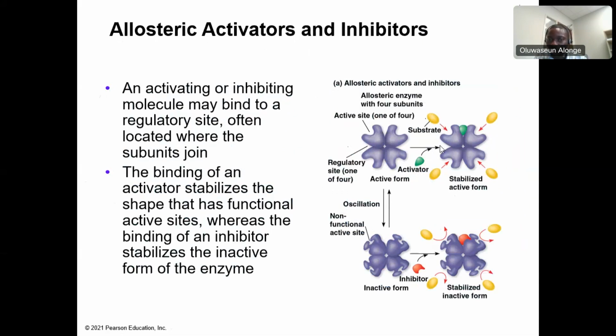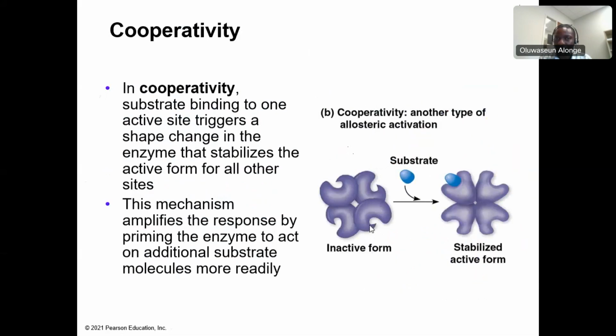When the activator binds, it supports the substrate to bind. But in the other case here, once the inhibitor, which is the red, binds, you see the shape of the active site will change and will not allow the substrate to bind. In that case, the enzyme becomes inactive.